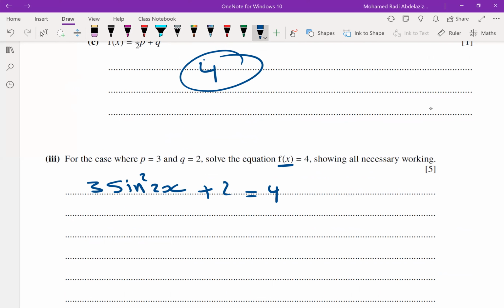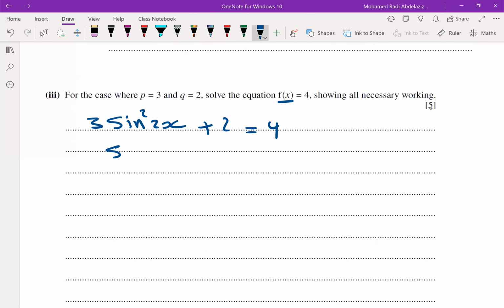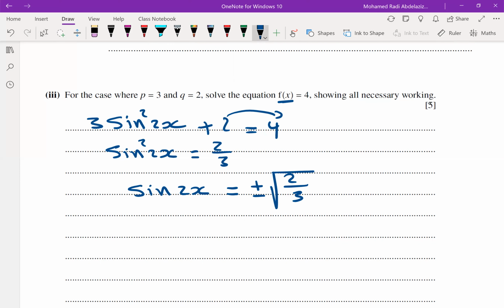Find sine squared 2x: move 2 to the other side, 4 minus 2 is 2, then divide by 3 and it will be 2 over 3. Then by taking the square root of both sides, sine 2x is equal to positive or negative square root of 2 over 3.